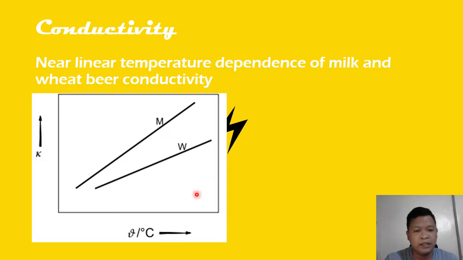So as you can see here, halos linear naman yung relationship ng increasing temperature and the increase in the conductivity. Although of course, kung magkaiba yung slope mo, as you can see in the milk versus beer, the milk has a steeper slope, meaning mas drastic yung increase sa conductivity with the change in temperature.